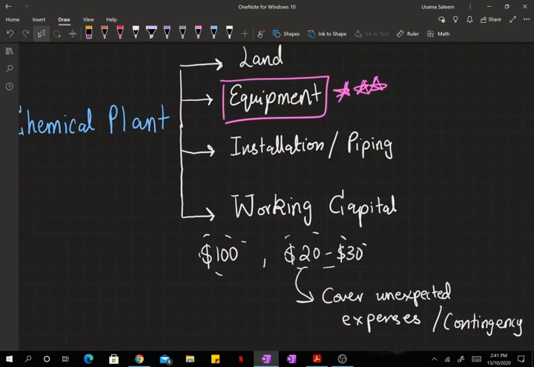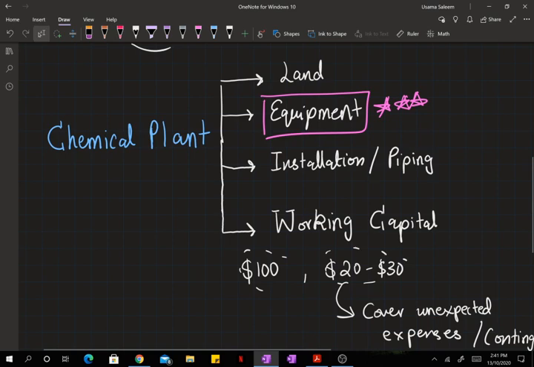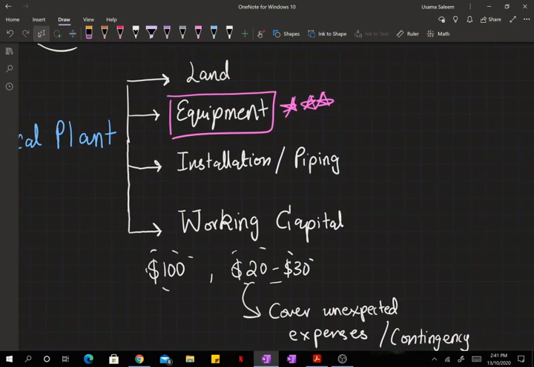Let's say there are some unforeseen costs, like one of your equipments is faulty and you have to purchase a new one, or one of your engineers tells you that you need a spare pump or something like that, and you're like, oh damn, I've spent all my money on the land, equipment, and installation, and now you want more money. So it'll be a good practice to set aside some money.